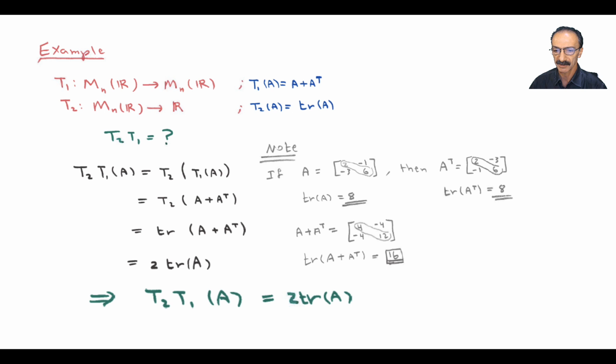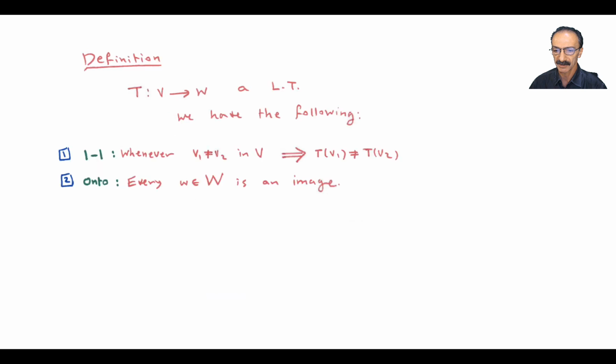Definition. If T, which takes you from V to W, is a linear transformation, we have the following. We call the transformation T one-to-one whenever two different inputs, V1 different than V2, end up with different outputs: T(V1) will be different than T(V2).